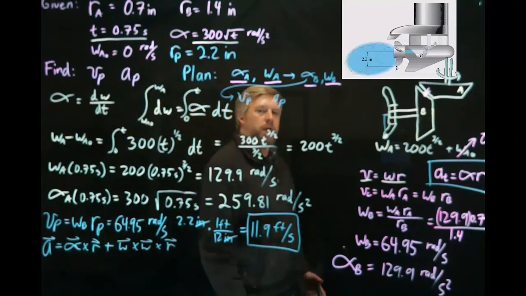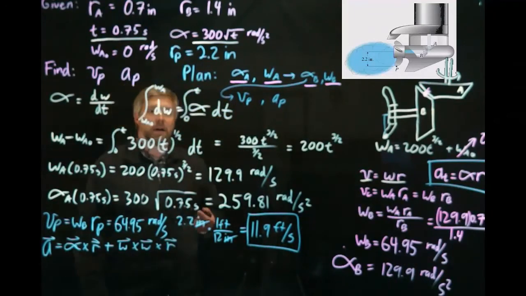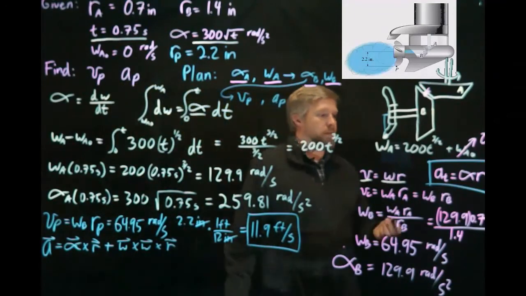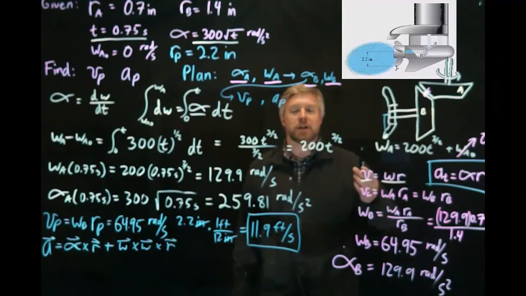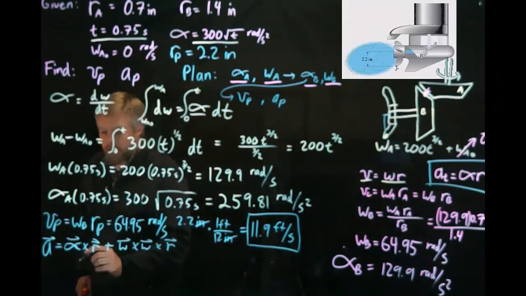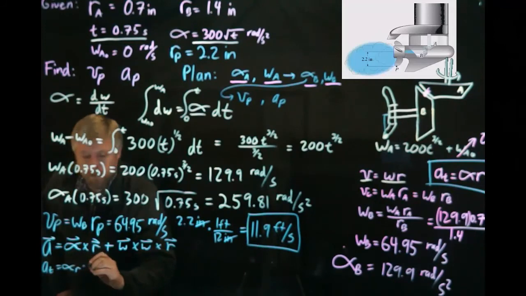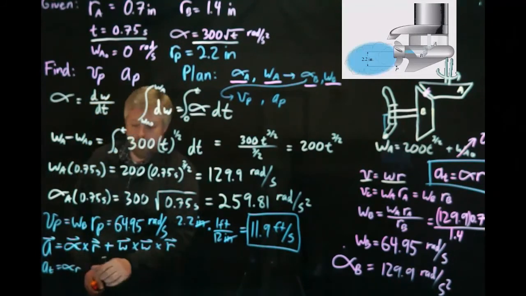The scalar version, we can take both of those and we can say, well, this alpha cross r is really just our AT. And the magnitude of that AT is equal to alpha r. We know the direction because it's tangential. It's the same direction as velocity. So the scalar version says that AT is equal to alpha times r. That's not alpha sub r.